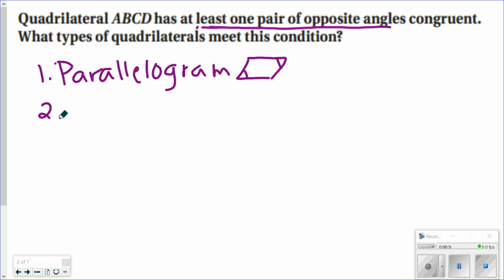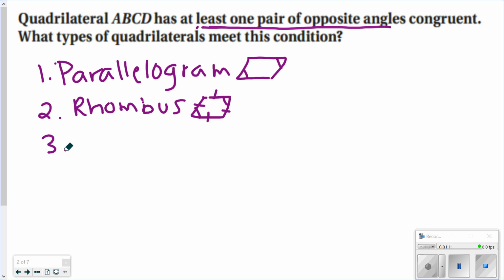Looking at parallelograms, there are different types of parallelograms. We have a rhombus, and this would work for a rhombus, so let me sketch out my rhombus. So we know that those angles would be congruent.